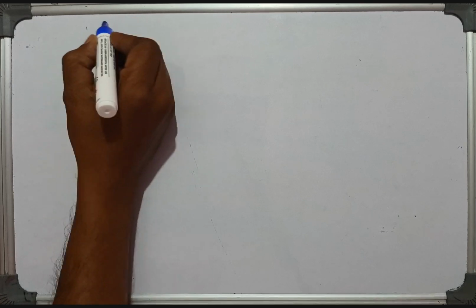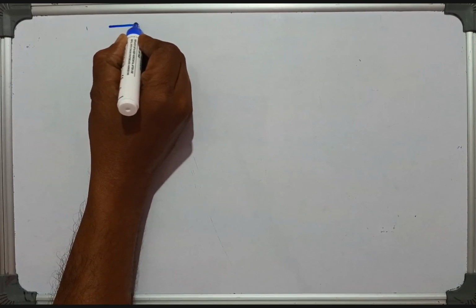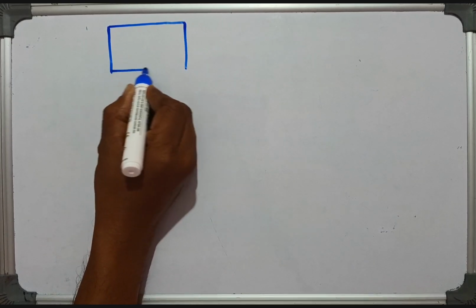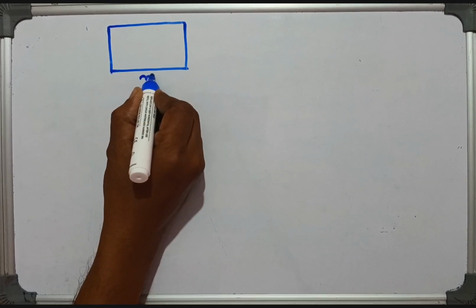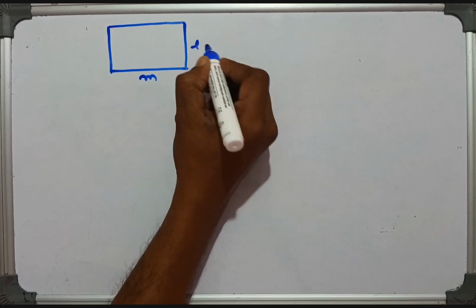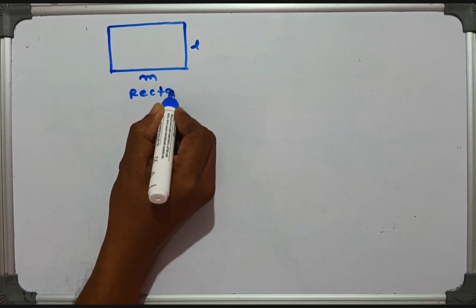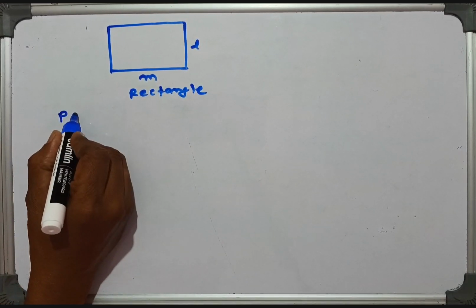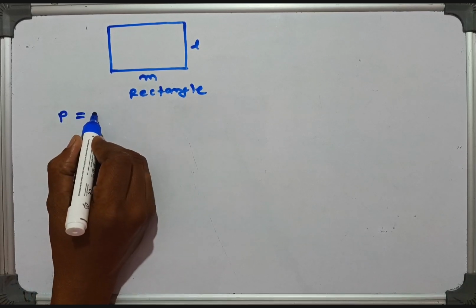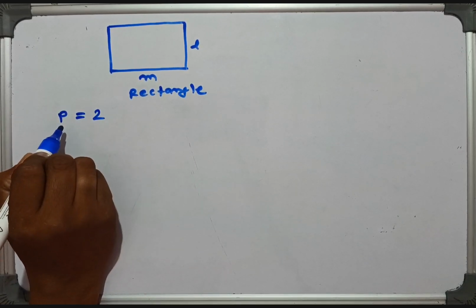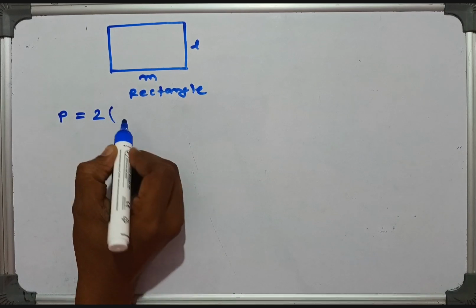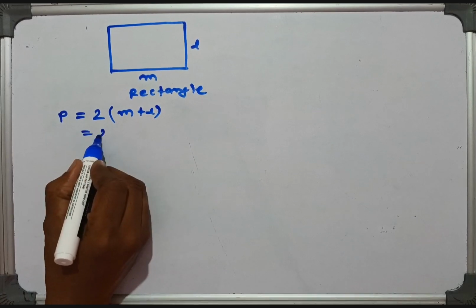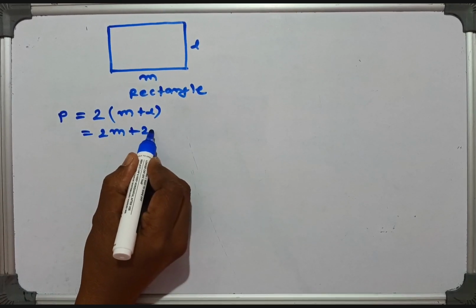So guys, take our previous example of the rectangle again. This length is M, L, rectangle. Now guys, if we write the formula of perimeter, where P denotes the perimeter, then this becomes 2 times M plus L, so 2M plus 2L.